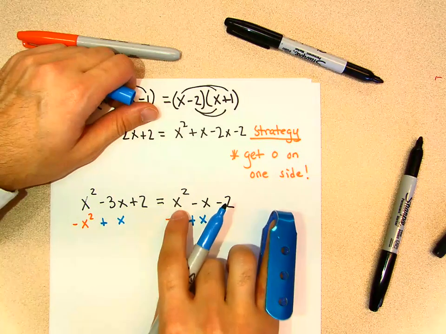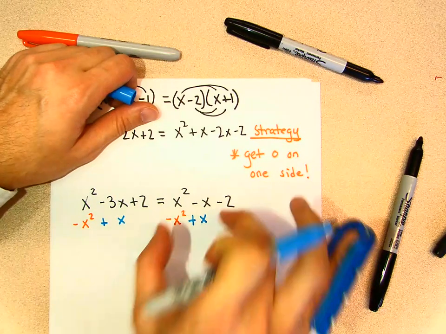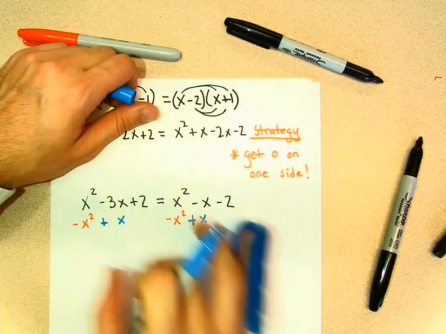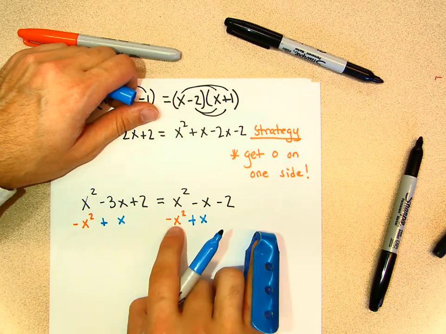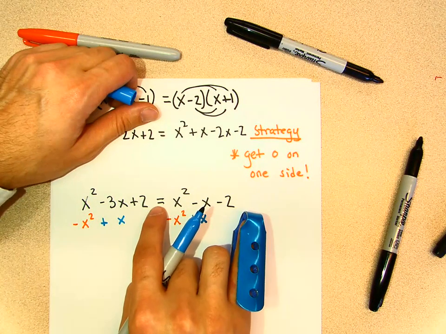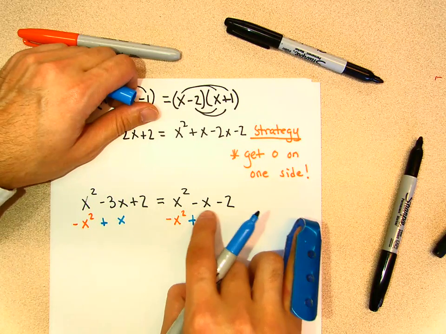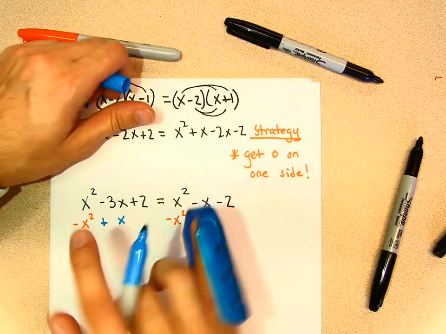Notice I'm doing the inverse. If this is x squared, the inverse is negative x squared. I do it on both sides of the equation. If this is negative x, I do plus x.